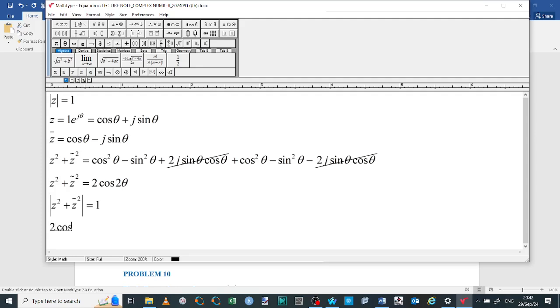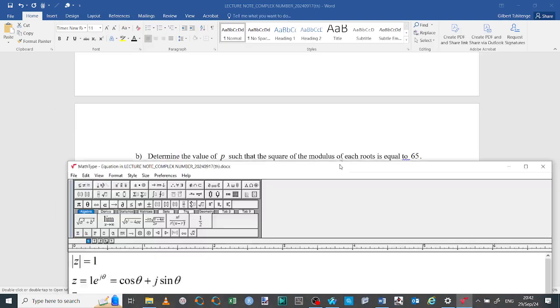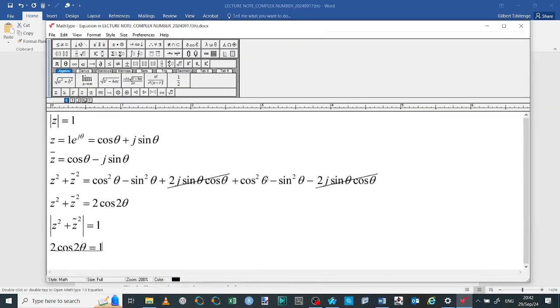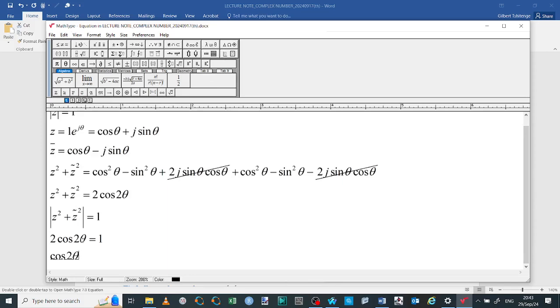If I have 2 cos 2 theta, it must give me 1. Yes, it must give you 1. Therefore, I end up with cos 2 theta equal to a half.